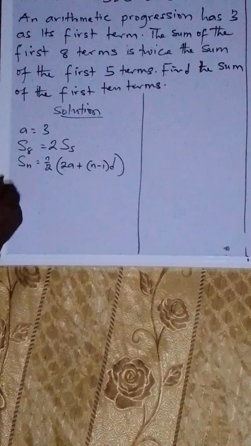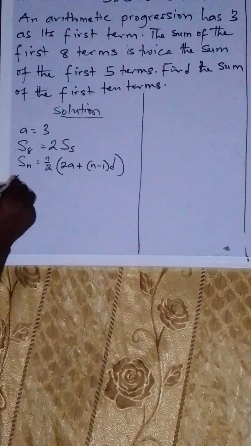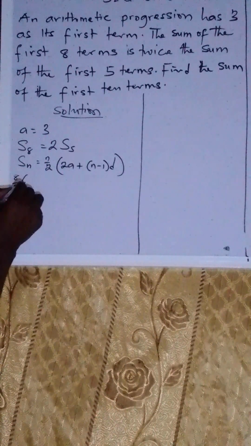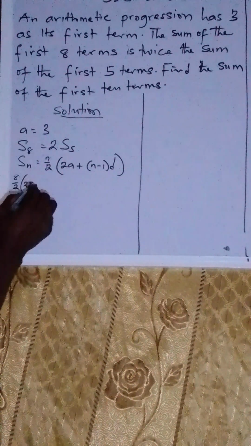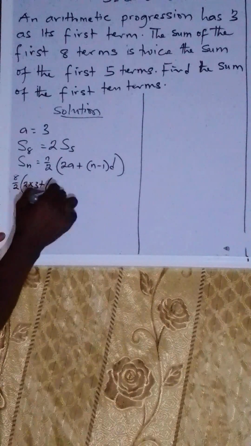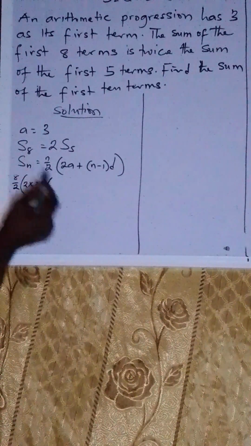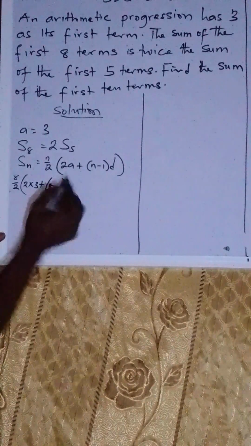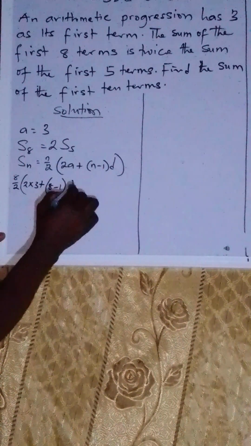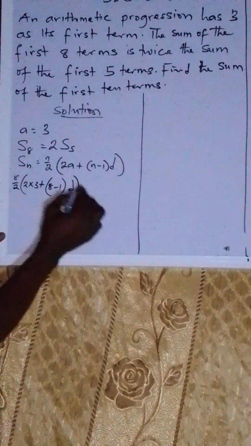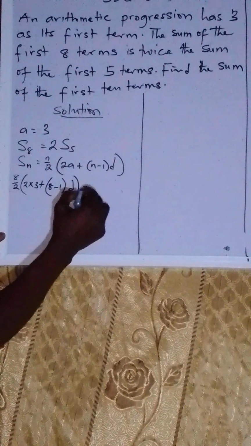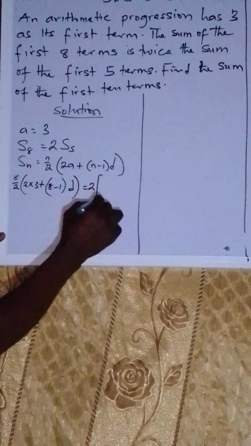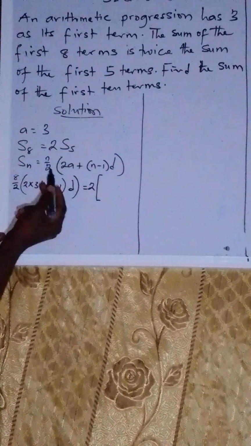So we have 8 over 2 open bracket 2 times a, which is 3, plus open bracket n is 8, that's 8 minus 1 times d, which is not given in the question, equals 2 open brackets S5.